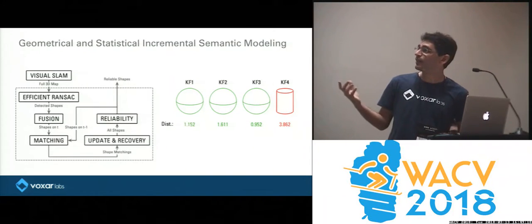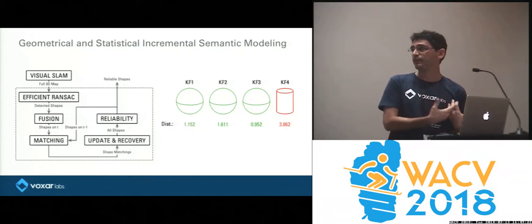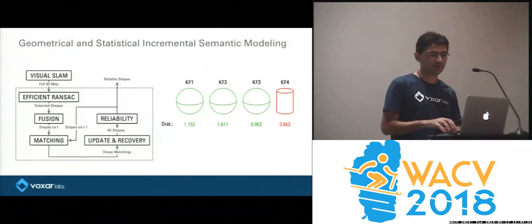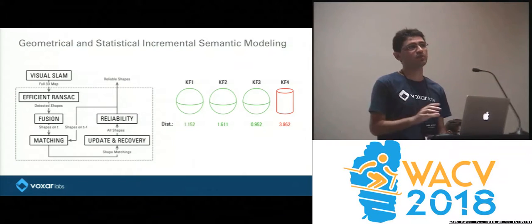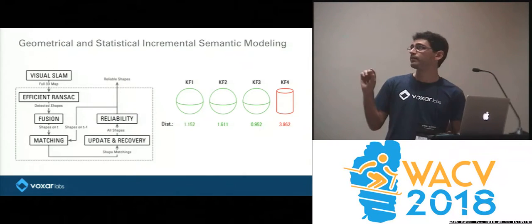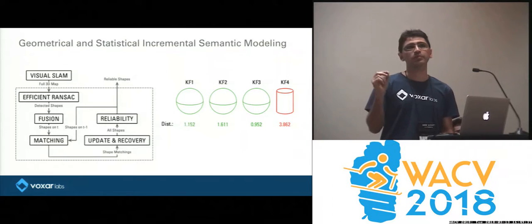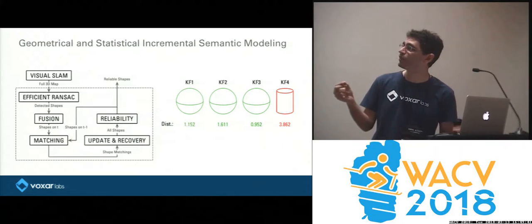Let's take the globe example of the last slide. Here we can see that this globe was detected 3 times as a sphere and 1 time it was detected incorrectly as a cylinder. We can use a geometric evaluation, so we measure the average distance of the input points to the primitive.